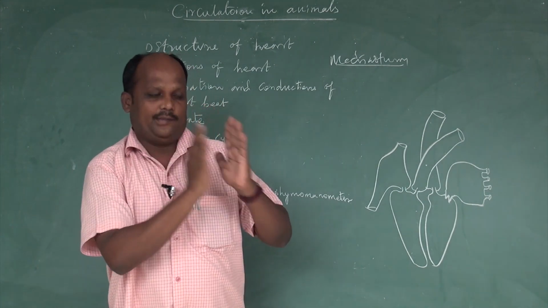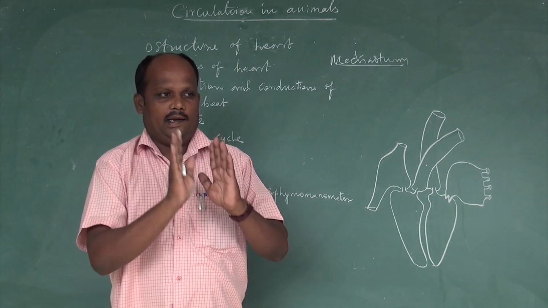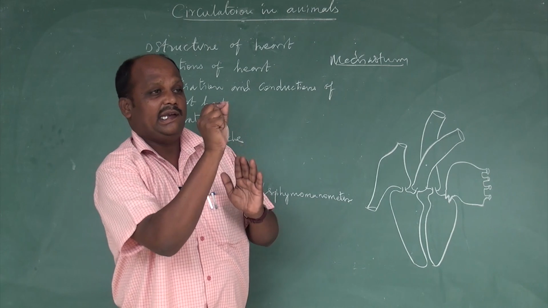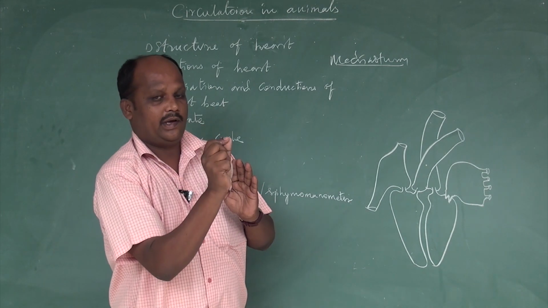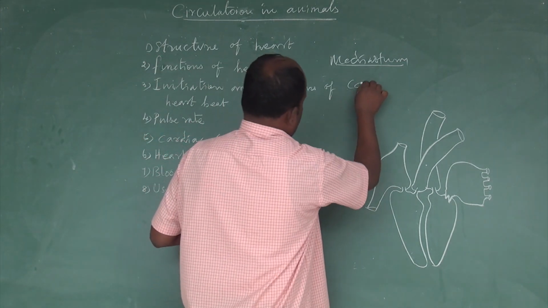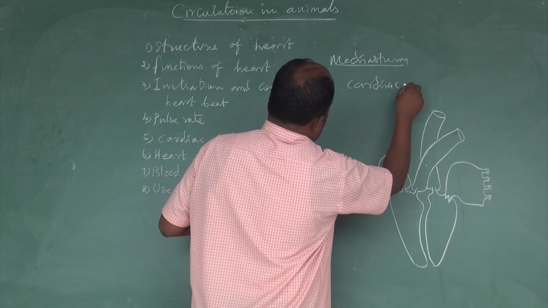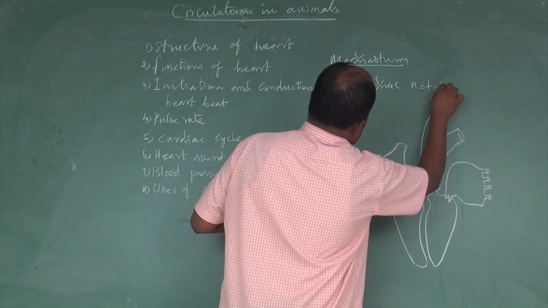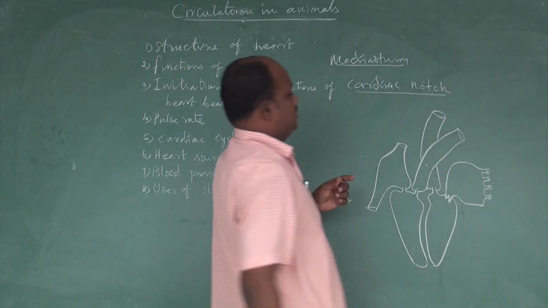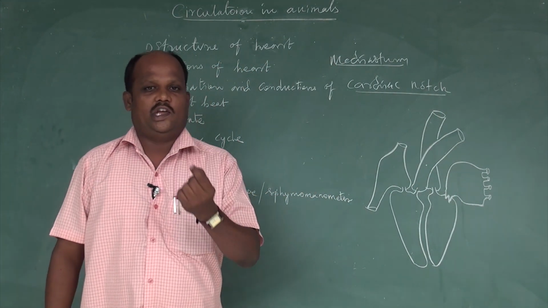Inside it, slightly to the left side, the left lung is slightly depressed. The depressed part is called the cardiac notch. The cardiac notch is the location of the heart.